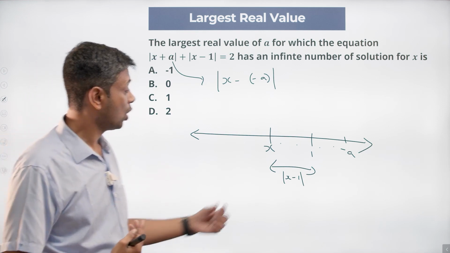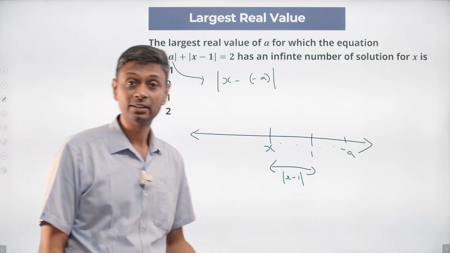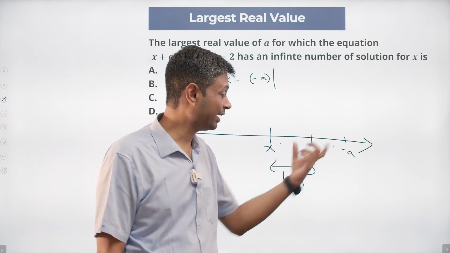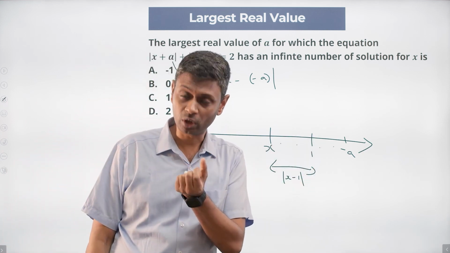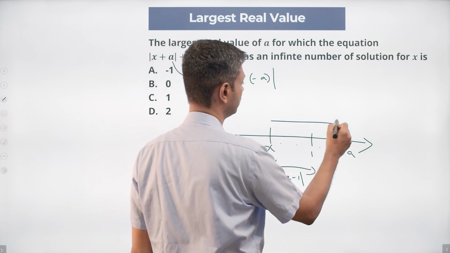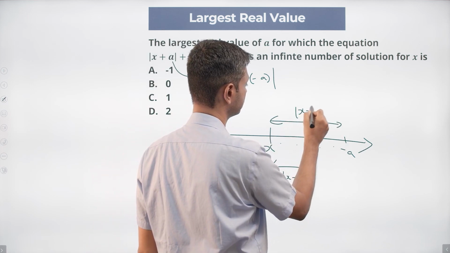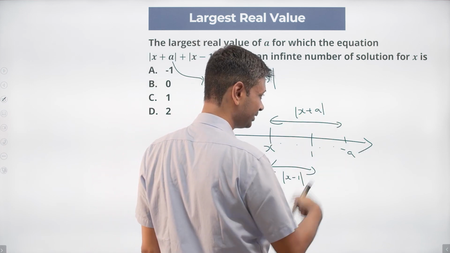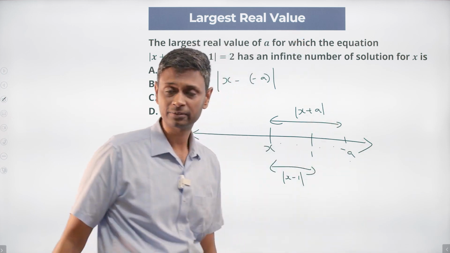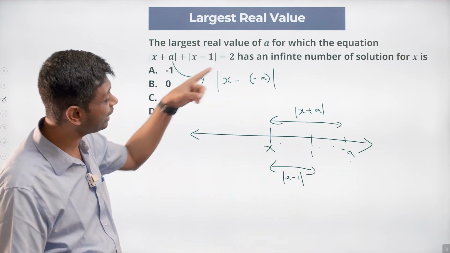First of all, between 1 and minus a, the distance should be not 5 or 15 or 20. It should be small. Right? Because this is modulus of x minus 1, this is modulus of x plus a. If minus a were 100, this distance itself is 99.